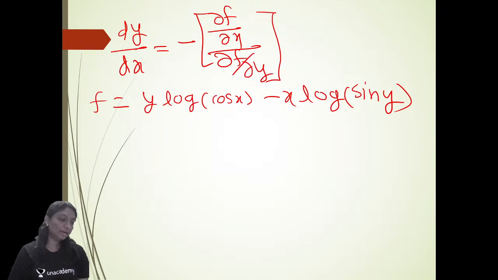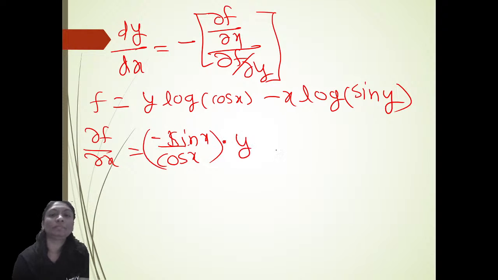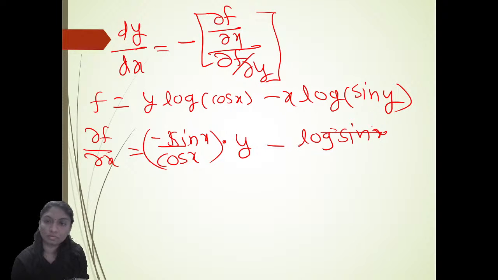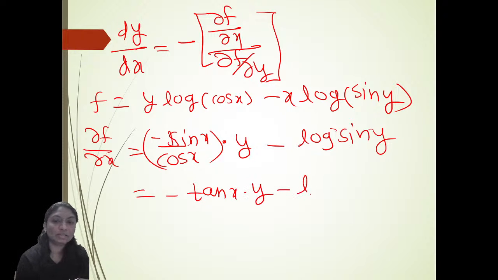Okay, so you will get directly del f by del x. What will be your del f by del x? y is constant, 1 upon cos x into derivative of cos x, which is minus sin x, into y, minus, differentiating this with respect to x, log sin y is constant, so minus log sin y. Minus sin x upon cos x is tan x. So you will get minus tan x into y minus log sin y.